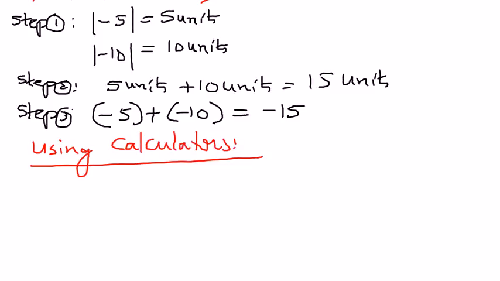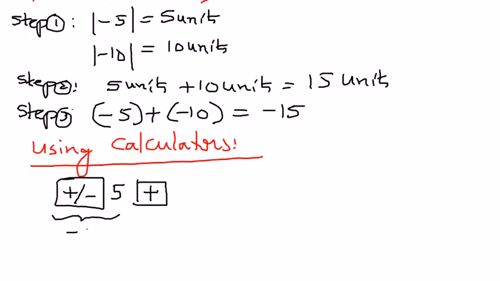You have a positive negative button in your calculators, and if you enter that and then enter 5, and then when you do this operation, your calculator is going to return the number -5.